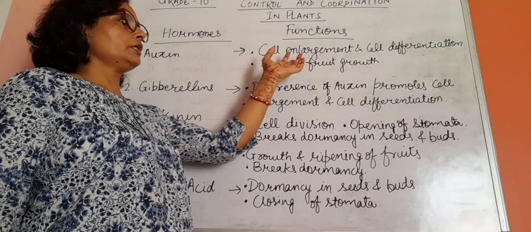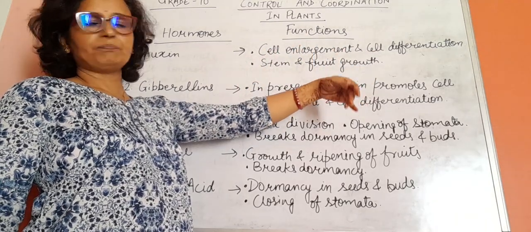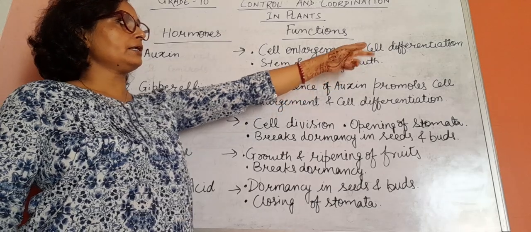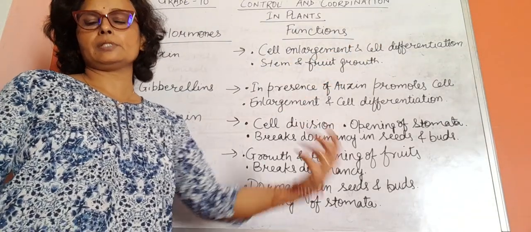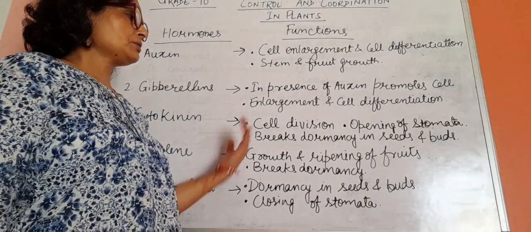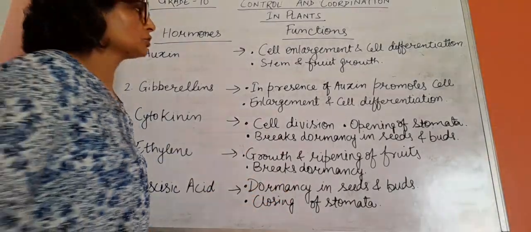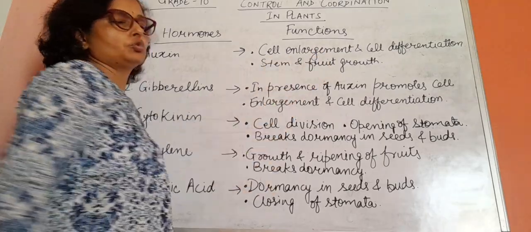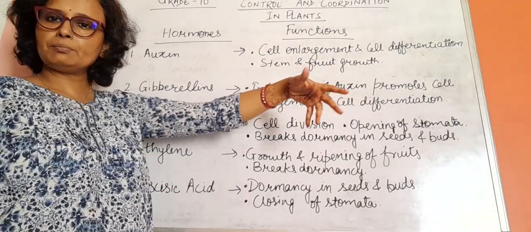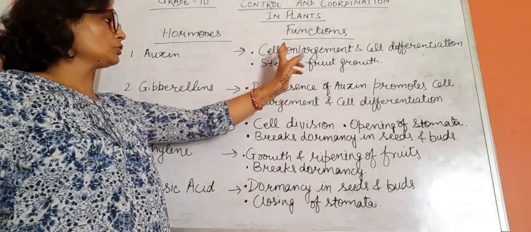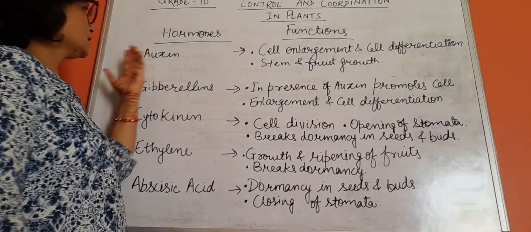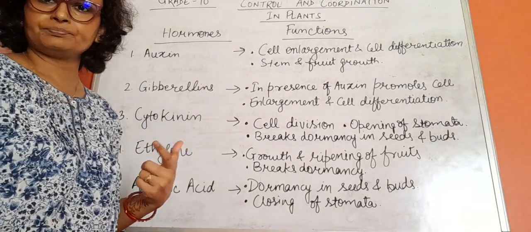When cells grow on the tips, the cells enlarge and the height of the plant increases, and at the same time cell differentiation happens, that is, new types of cells come from a cell, and permanent tissues come from meristematic tissues. And stem and fruit growth: auxin is mainly related with growth. As I discussed, it is found in the tips and it promotes growth. So stem growth, fruit growth, root growth, all these are controlled by auxin.